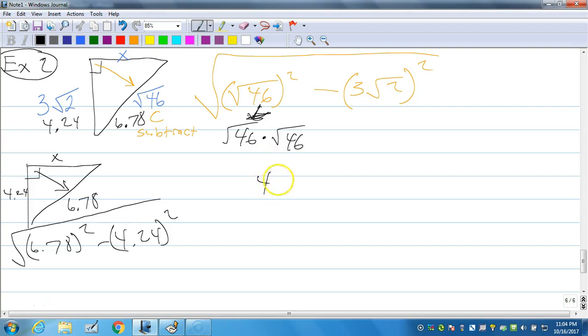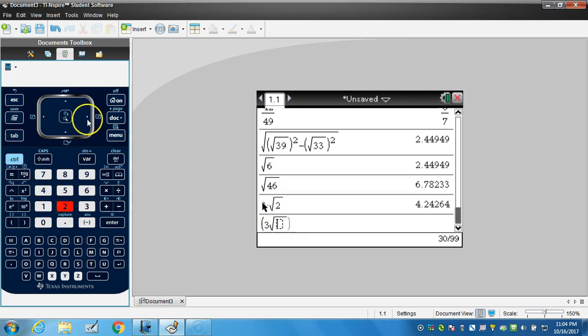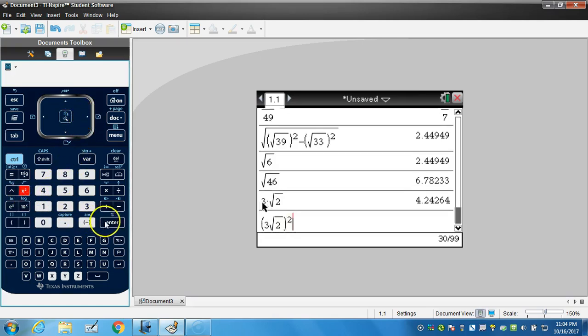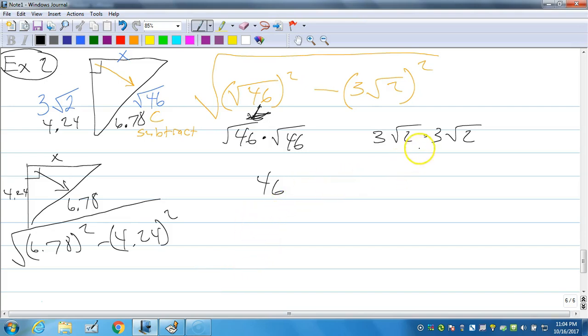Remember, this is just 46. And this one right here is 3 square root of 2 times 3 square root of 2. I would put that in the calculator if I were you, because that one I can do. Parentheses, 3 square root of 2 squared. That's 18.